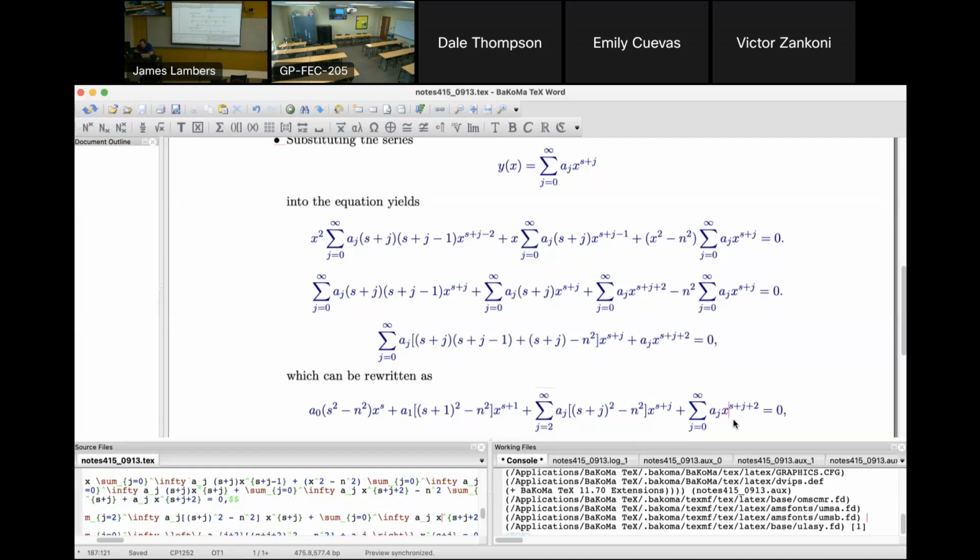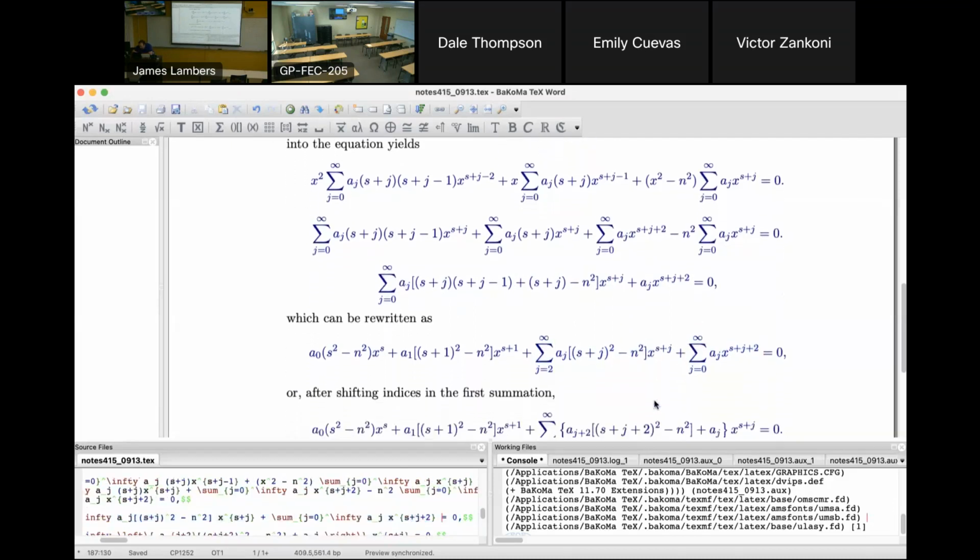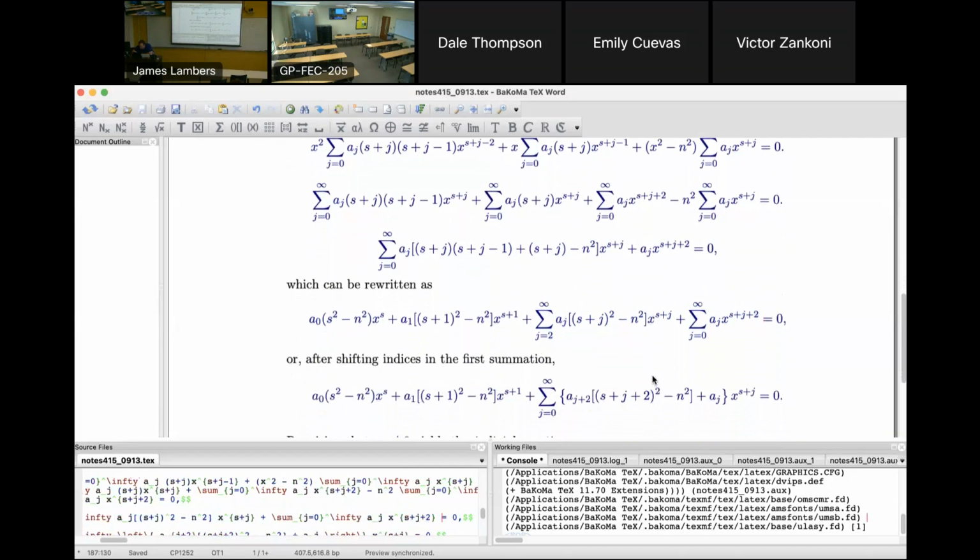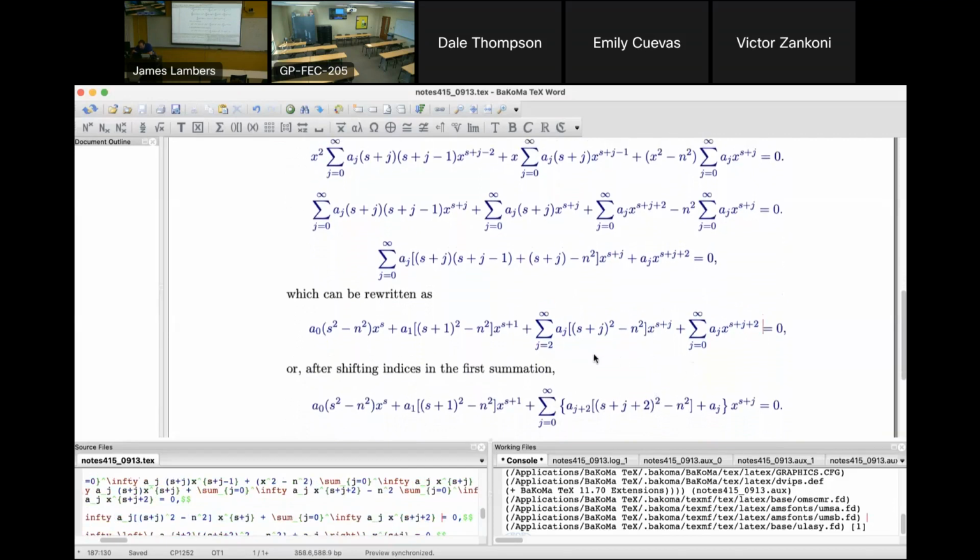Now the reason why I'm doing that is so that I can combine these into one summation by index shifting. So if I take this summation here, and I decrease the starting index by 2, then I'm starting at j equals 0, which lets me combine with this sum.